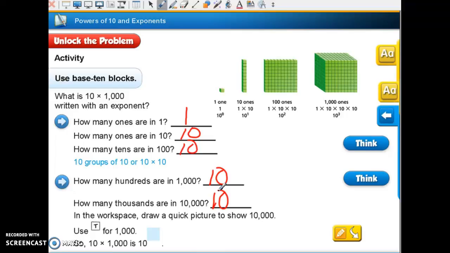Times 10 is 1,000. Oh, so 10 times 1,000 is 10 to the, we had 3 here, and 1 here, to the, or the 4th power of 10.